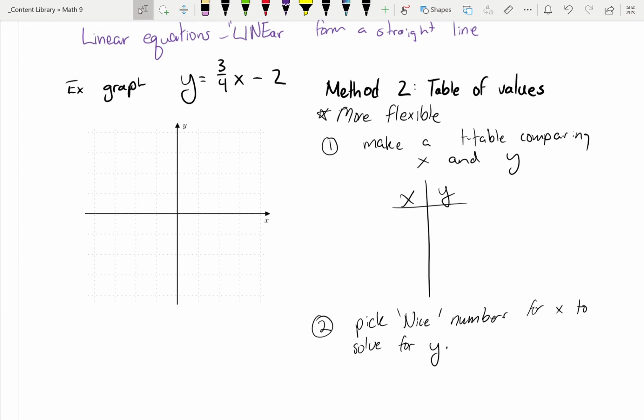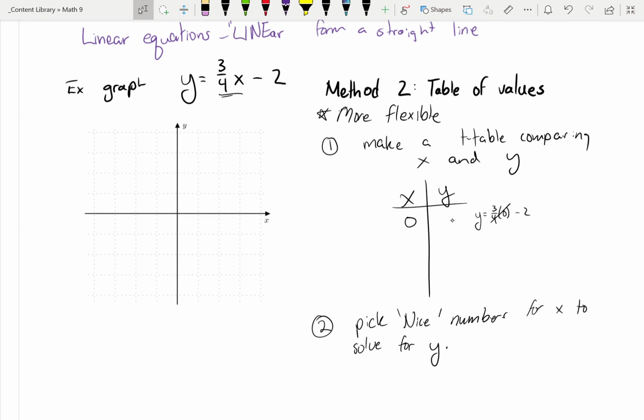A good one that'll generally always work is x is equal to 0. And we saw this before, that if I plug in 0, then it makes this part go away. So if I'm graphing y is equal to 3 over 4x minus 2, what I would do is y is equal to 3 over 4 times 0 minus 2.